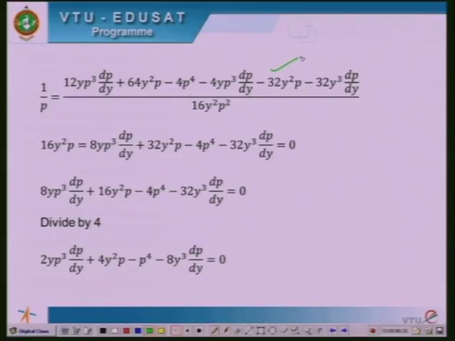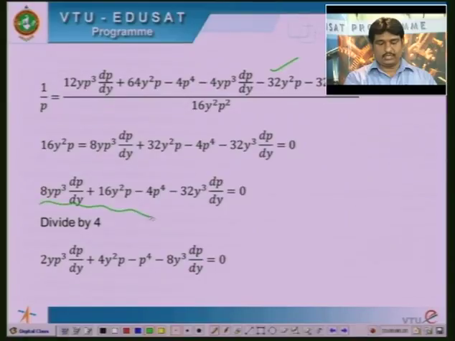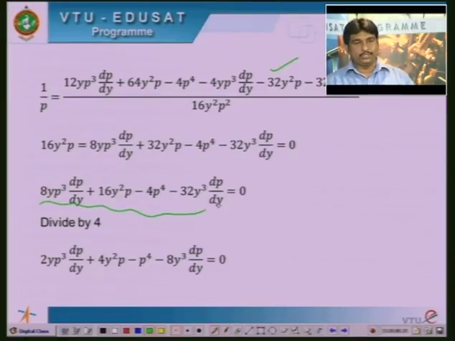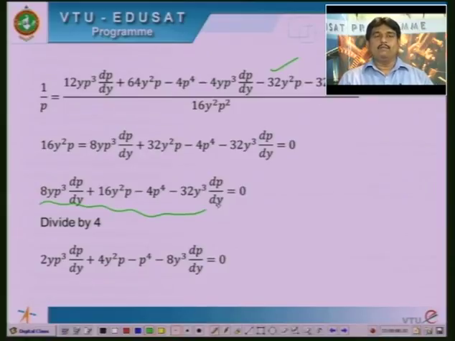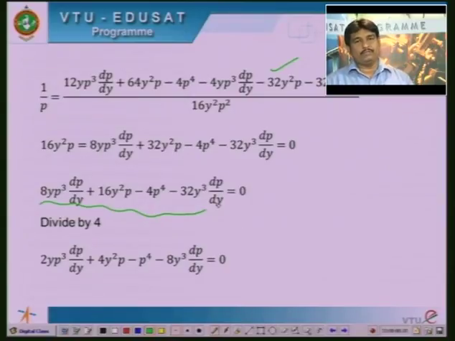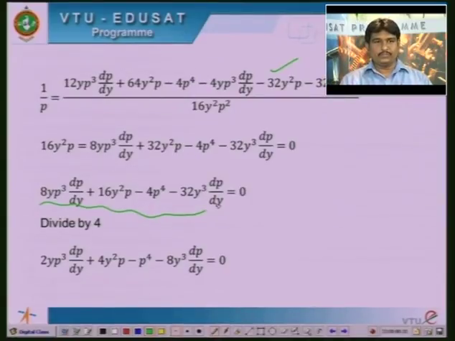Cross multiply 16y square into p square and simplify this to get this equation, which is 8yp cube dp by dy plus 16y square p minus 4p to the power of 4 minus 32y cube into dp by dy equals 0. Divide throughout by 4 to get this reduced equation.